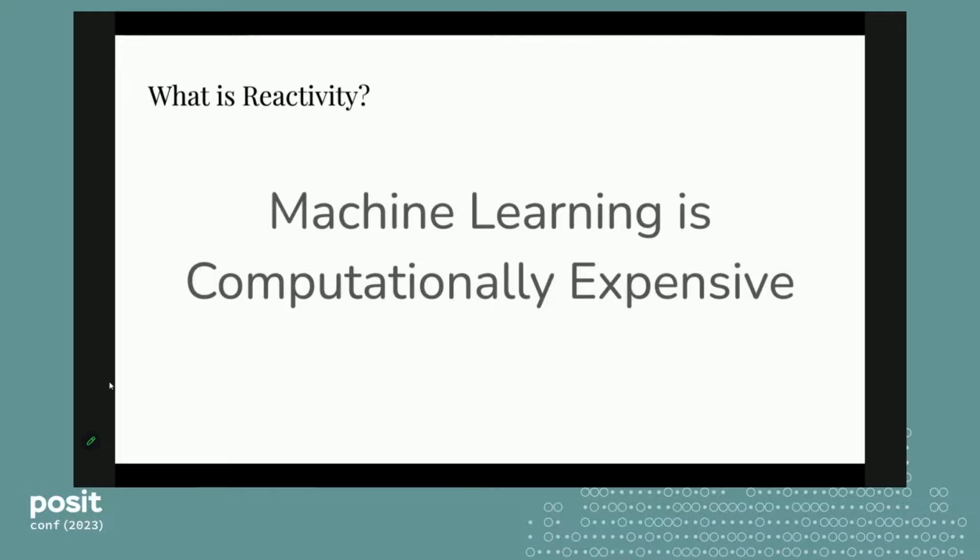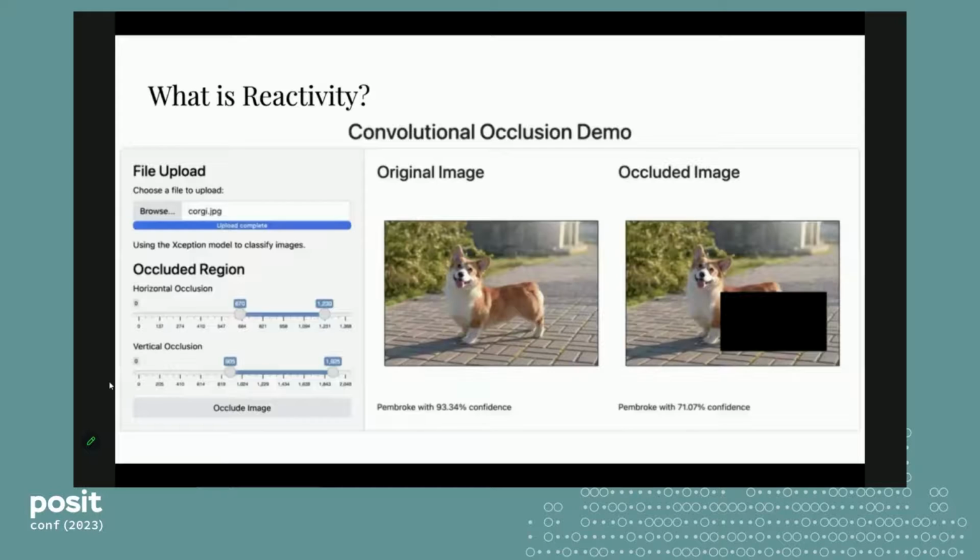And so we don't want an app that is going to run top to bottom every time a user changes something. Because sometimes, in fact, I might even venture to say oftentimes, you are going to be doing things that are computationally expensive when building machine learning apps. So reactivity basically refers to the fact that we are going to minimally re-render our apps. Only things that absolutely need to change and be rerun are going to be changed in response to user input.